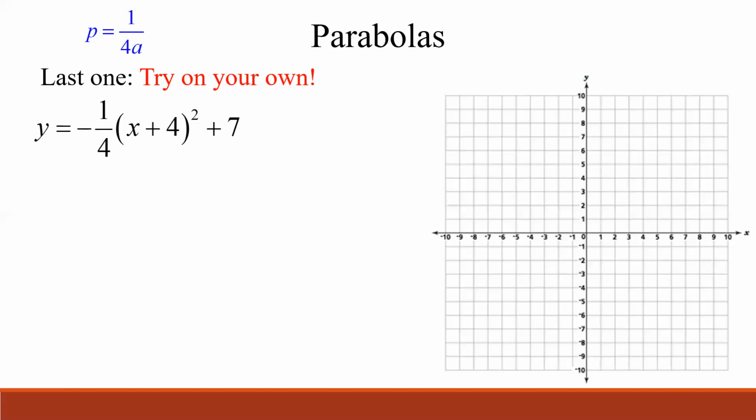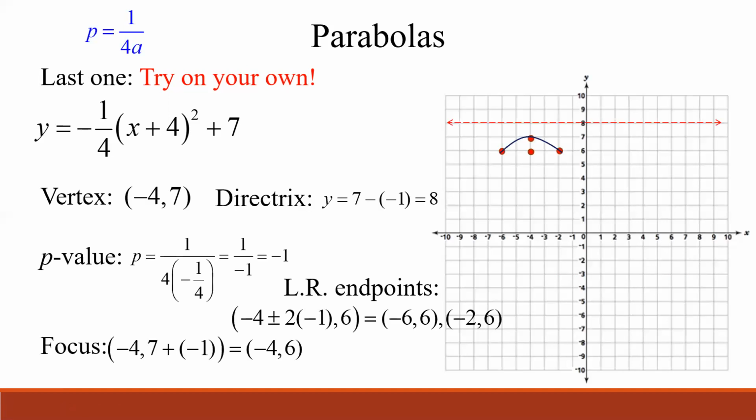Okay, so hopefully you found all the different attributes. Hopefully you saw it was y equals, so that means it's going up or down. And with that negative sign, that tells you it's going down. So your final answer, your parabola should be going down. And then here's all the different attributes. Okay, so my vertex is -4, 7.